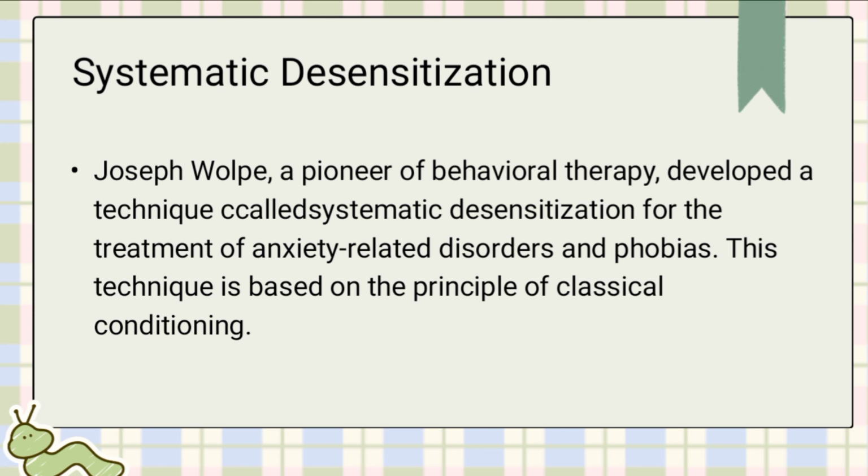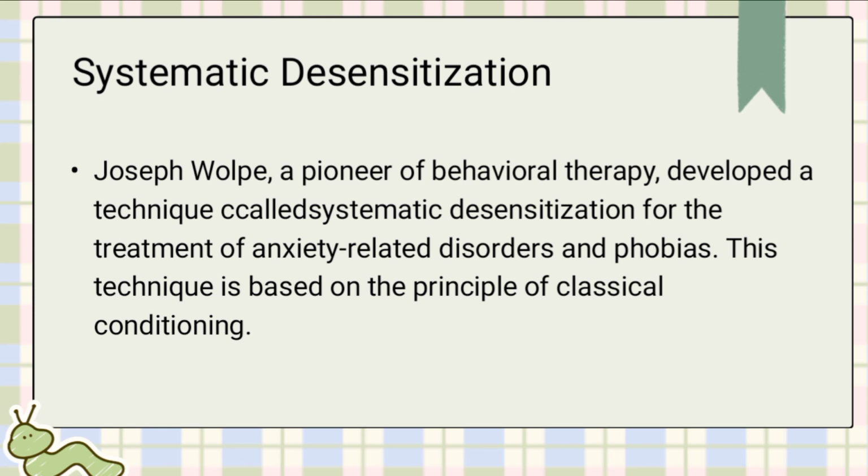desensitization. Joseph Wolpe, a pioneer of behavioral therapy, developed a technique called systematic desensitization for the treatment of anxiety-related disorders and phobias. This technique is based on the principle of classical conditioning.